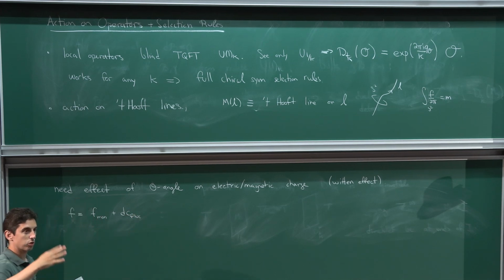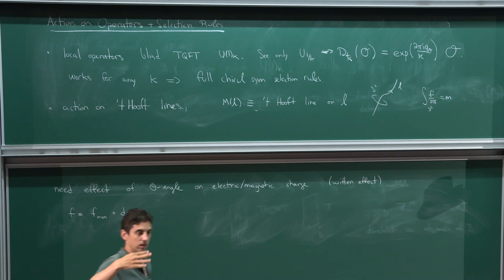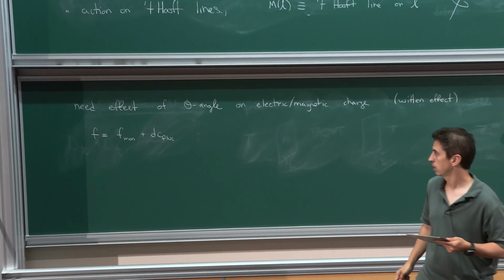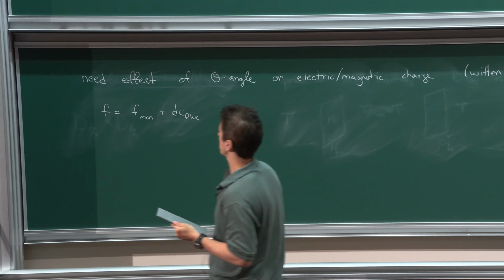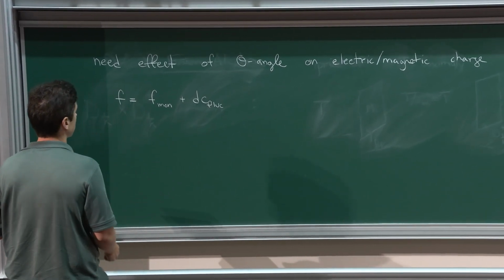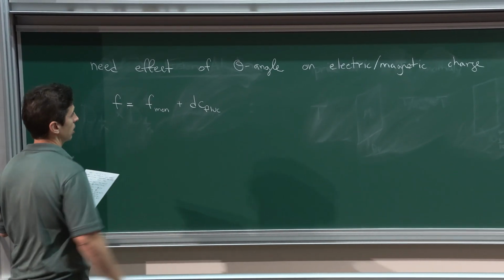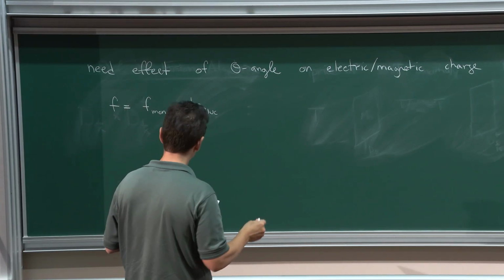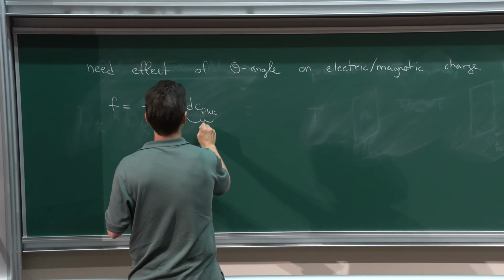So there's some fluctuating shift that's regular, that's not allowed to correct the monopole charge. So considering correlation functions of the 't Hooft line, you're supposed to insert this kind of expansion. So this is the dynamical part.